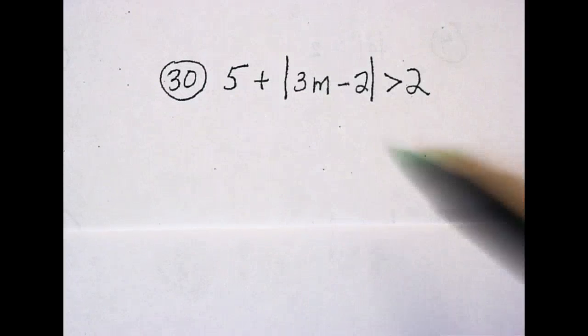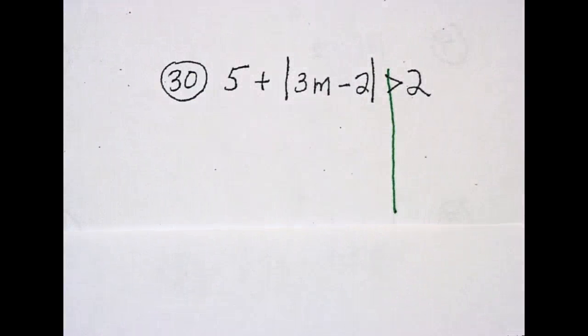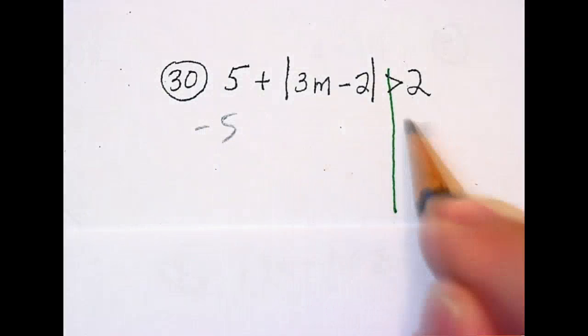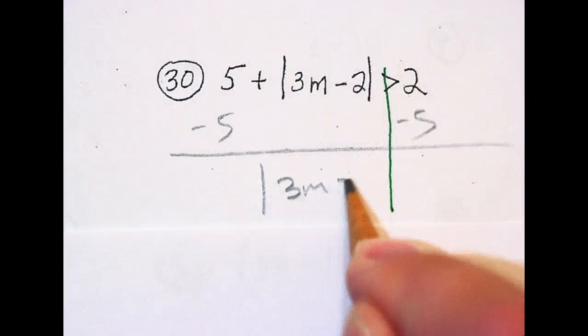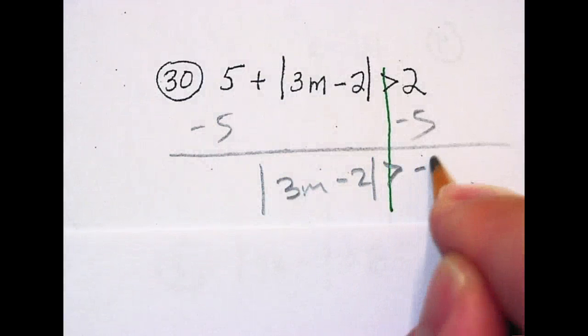Tell your neighbor the first thing you have to do on number 30. All right. Volunteer? Someone that hasn't participated yet today? Yeah, move the 5. So we'll subtract our 5. Okay? So we're left with the absolute value of 3m minus 2 is greater than negative 3.